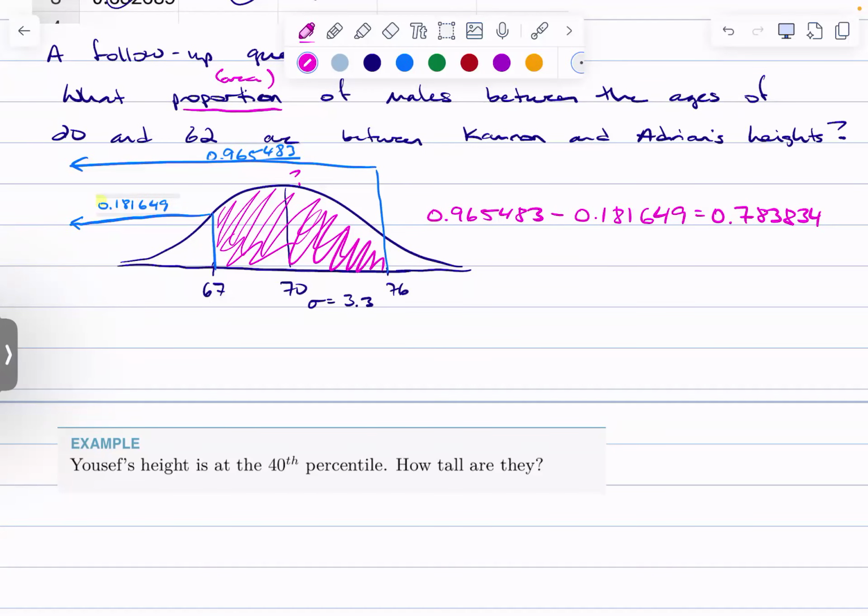You could approximate it with the 68-95-99.7 rule, but it's a hot mess. Why? What would you have to do? You'd have bounds on this little guy, and you'd have bounds on this little guy that we found. And then you're gonna have outer bounds right here, and then you're gonna have inner bounds here.